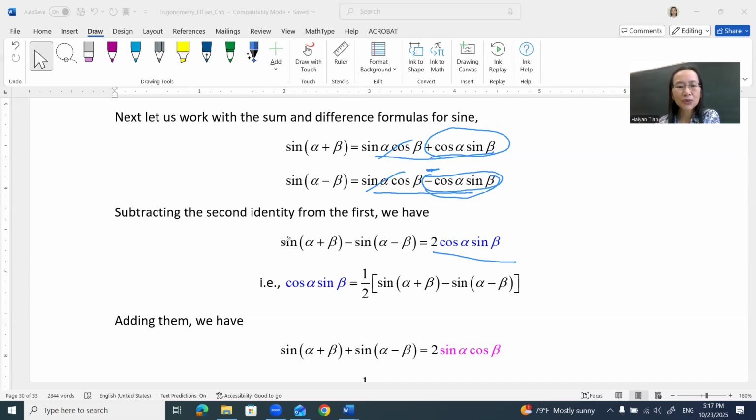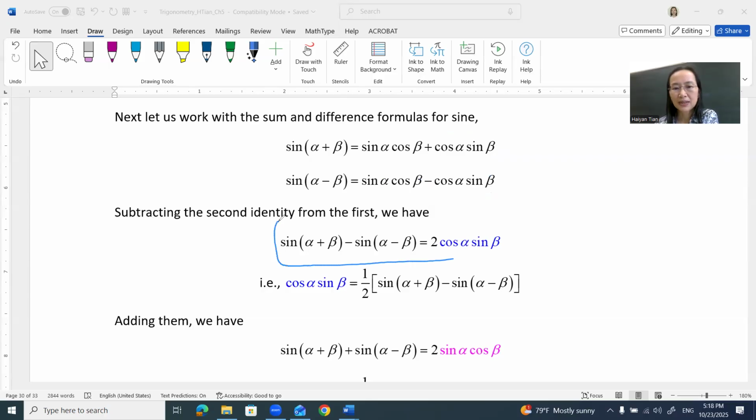So after you do a subtraction of the two equations, we get a new equation. That is a new identity that is true for any alpha and beta. But since our current goal is to write product to sum, we focus on this product.